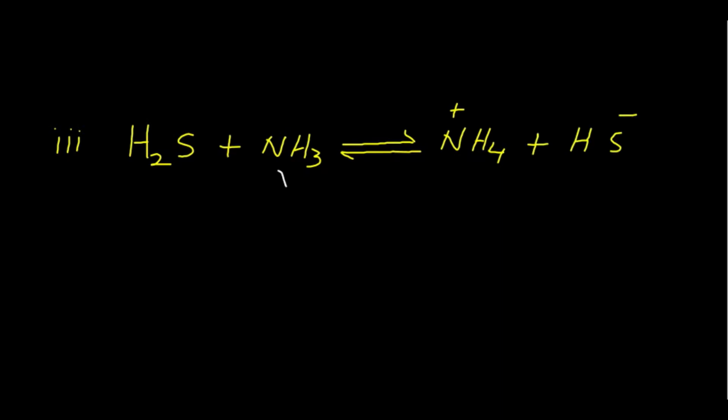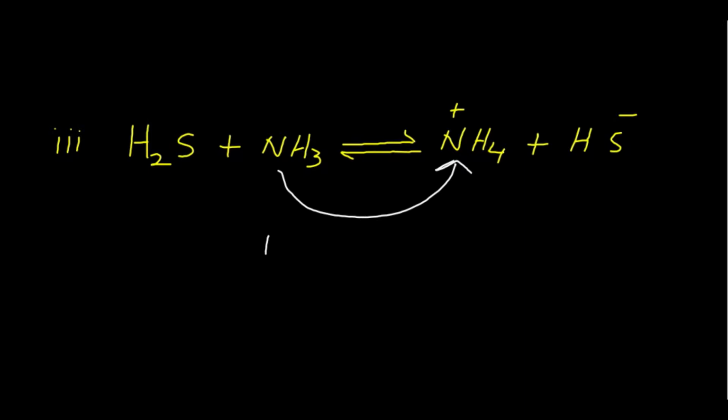Now we are asked to identify which is Bronsted acid and which is Bronsted base. Here we can notice NH3 changes to NH4 after accepting one proton from H2S.